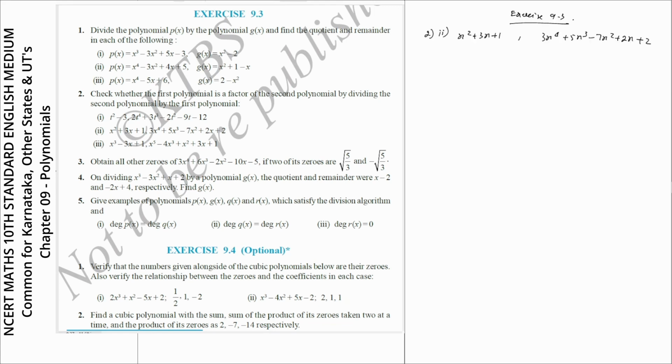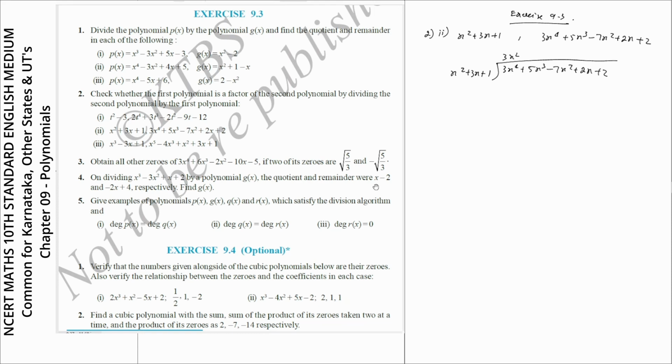Exercise 9.3, question number 2, sub question 2. So the given equation is 3x power of 4 plus 5x power of 3 minus 7x square plus 2x plus 2. So this I should divide with x square plus 3x plus 1 and check whether it is divisible or not. So to make first term equal, I will multiply by 3x square.